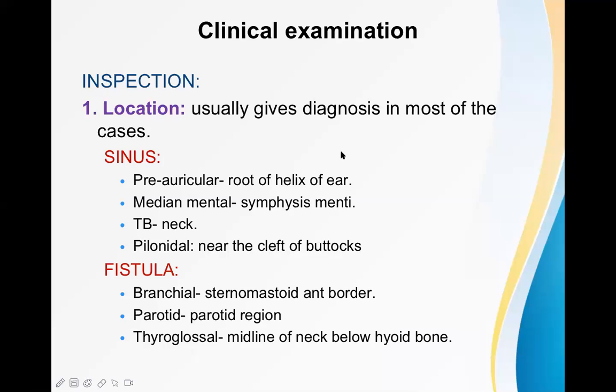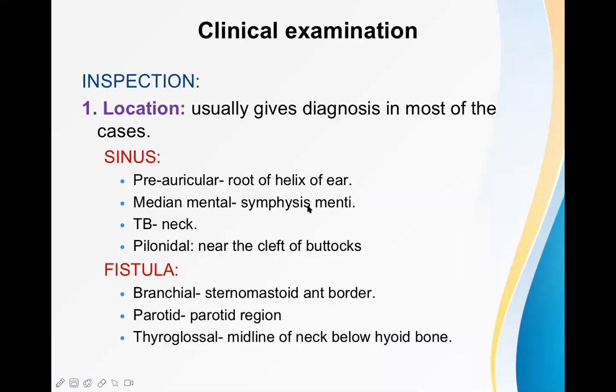See here, pre-auricular sinus is present at the root of the helix of the ear. I already told you this auricular is another term for pinna or external ear. So in front of the external ear, the sinus may be present. This is called pre-auricular. Helix of the ear is one of the parts of the external ear.